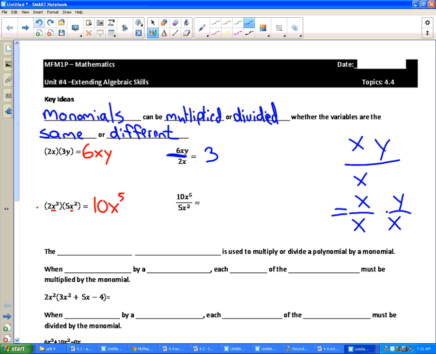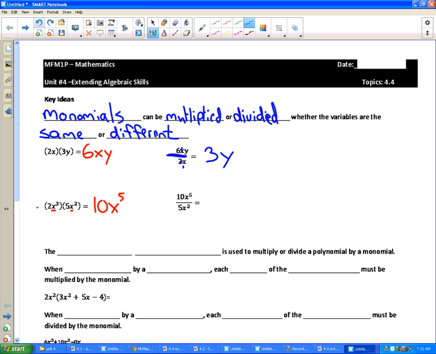So let me get rid of that. So what I'm doing here is the x will disappear because they're really going to cross out. And then we are left with a y. So my answer there is I have 3y. So 6xy divided by 2x equals 3y.